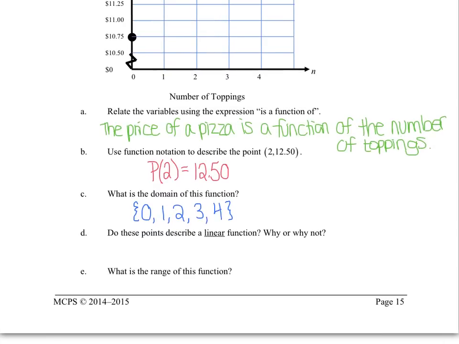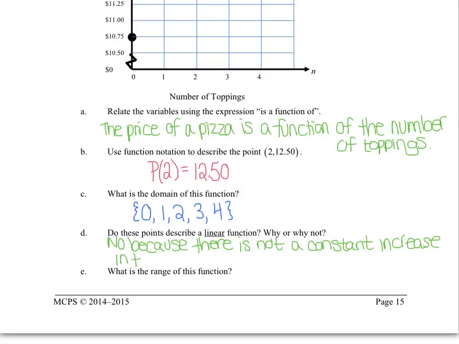So, no, it is not linear because there is not a constant increase in the price for each topping. For it to be linear, the price would have to change at a constant rate every time we add on another topping. But since it doesn't do that, it's not a linear function.